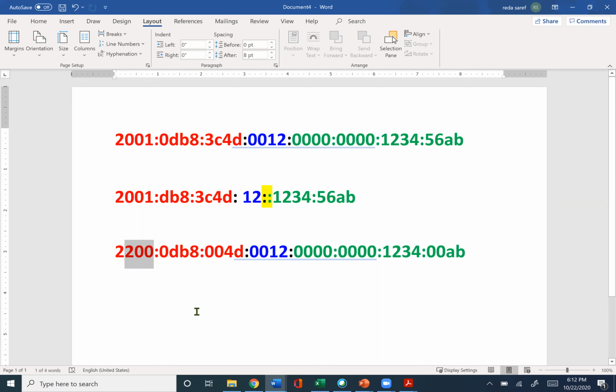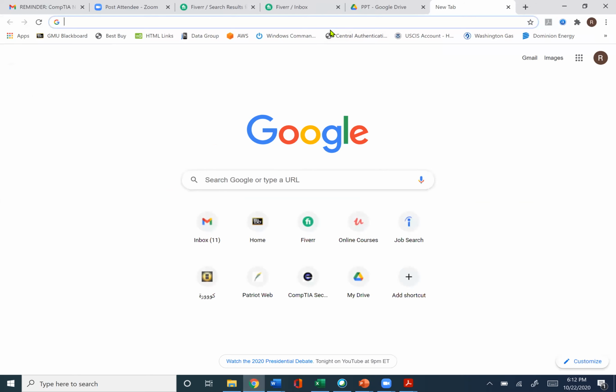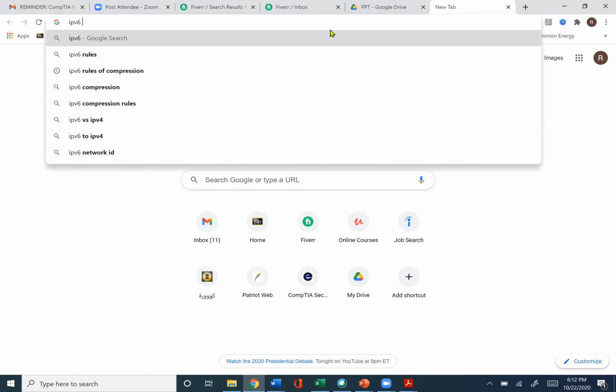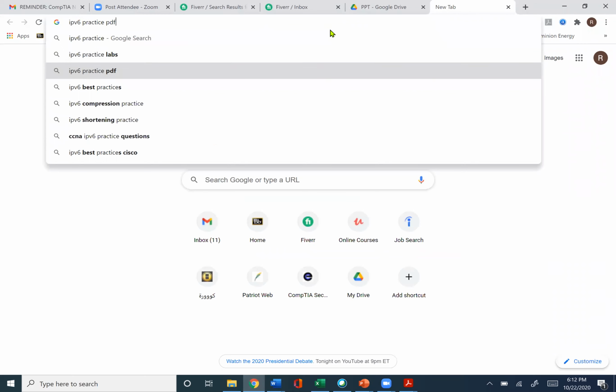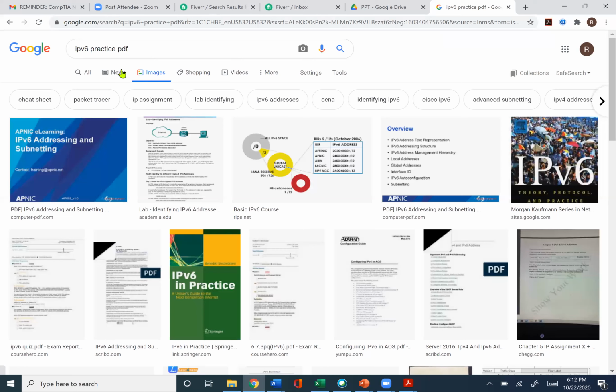So for example, give me a sec. So if you go, yeah, so hold on. IPv6 practice. Right, and then we go to image. Then I'm pretty sure, oh gosh.